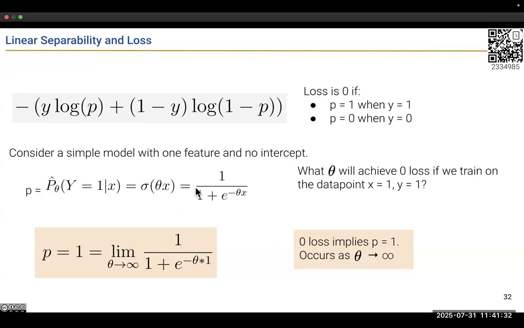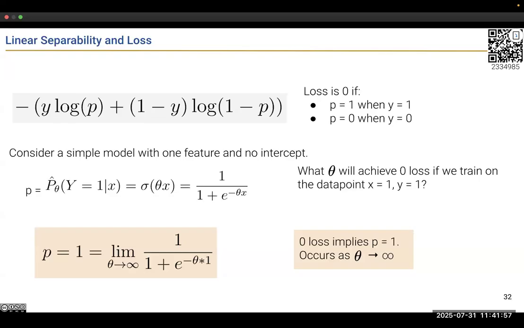That means the output of the sigmoid function has to be equal to 1, and I know my x is 1, so I plug in x is 1 here. So when does this expression equal 1? Well, the short answer is it never does.